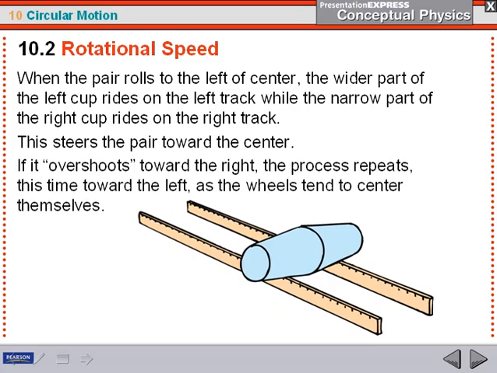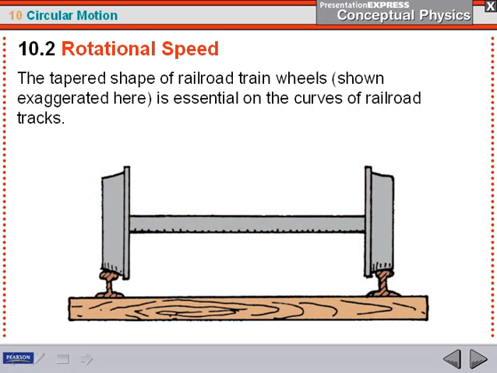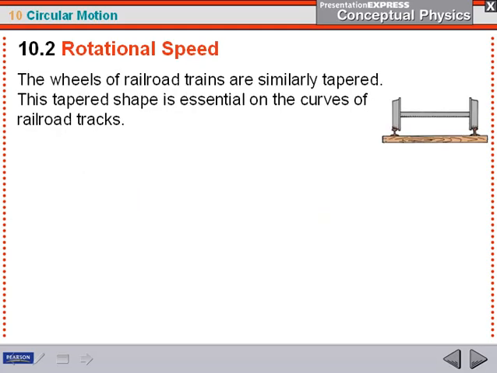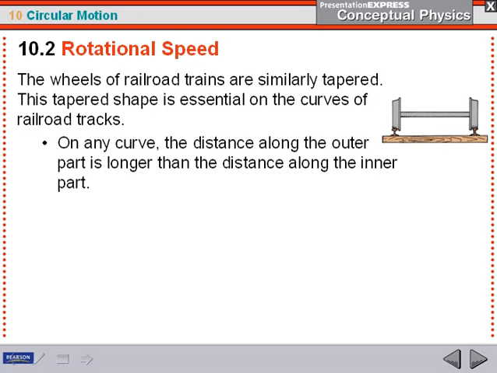Then if it overshoots back to the right, the wider part of the cup starts to travel on that side again, and the wheels will center themselves again. So this is essentially the same thing that happens on a railroad track, and when you see a curve, you'll see why you need the tapered wheels to force the train back into the center of the track.